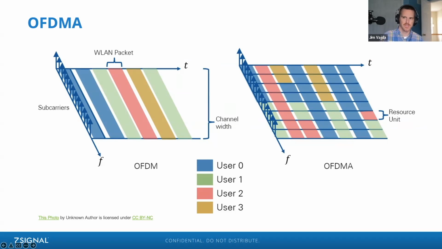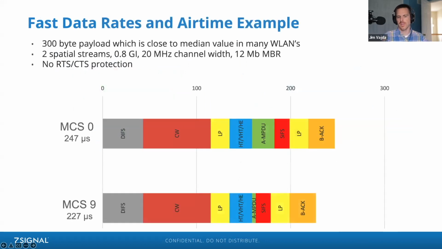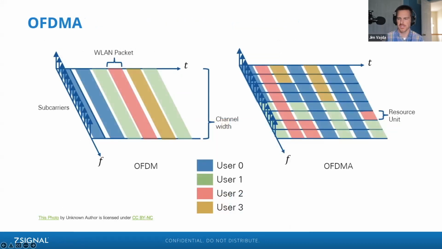Nobody else can use it while they're using it, even if they're just sending a really small packet, like an ARP packet. They're the only user, and they use the whole channel, even if it's an 80 megahertz channel. They use it all for that teeny tiny packet. And we go through this whole channel access procedure again to get that packet across. So it's wasteful from an efficiency perspective.